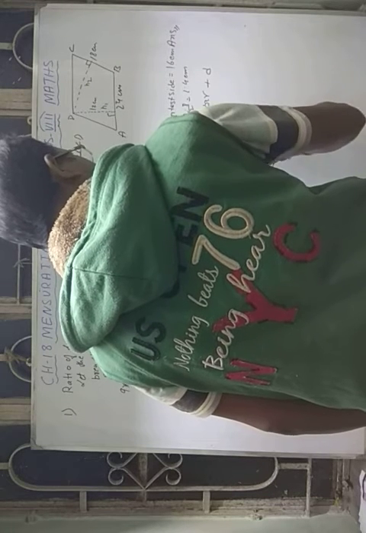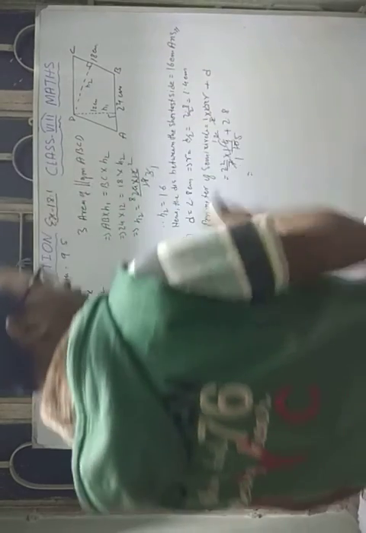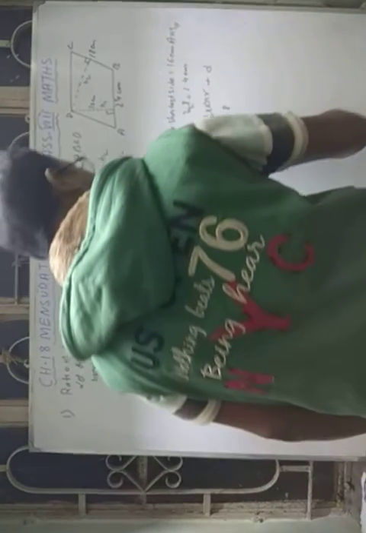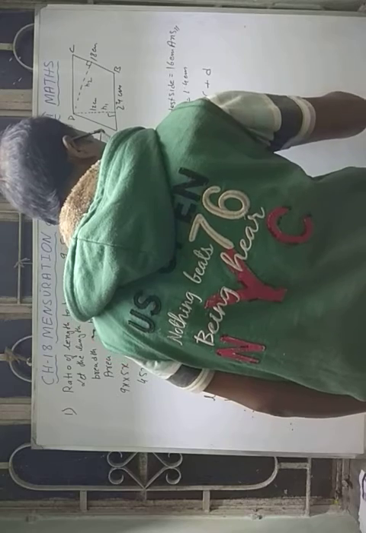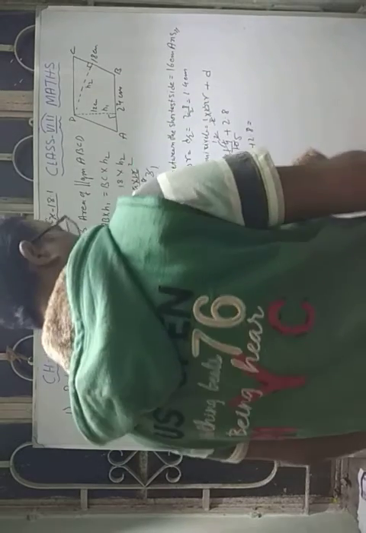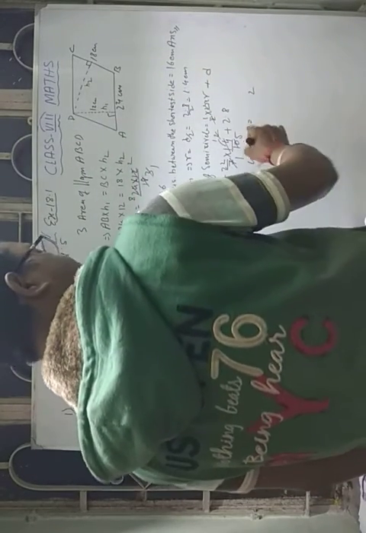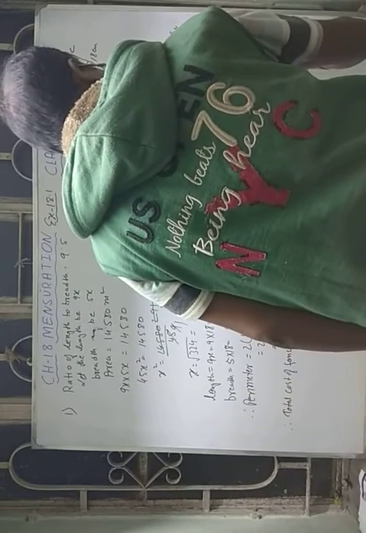So 22 by 5, you can find it in ratio form also. It will be 4.4 plus 2.8, that is equal to 7.2 centimeter.